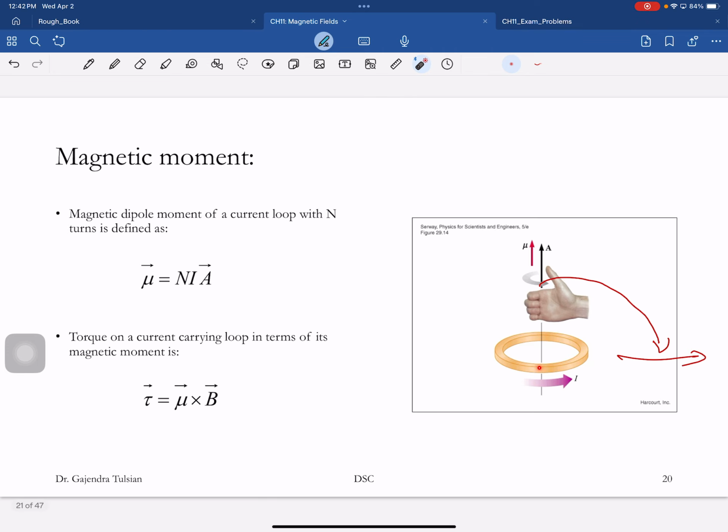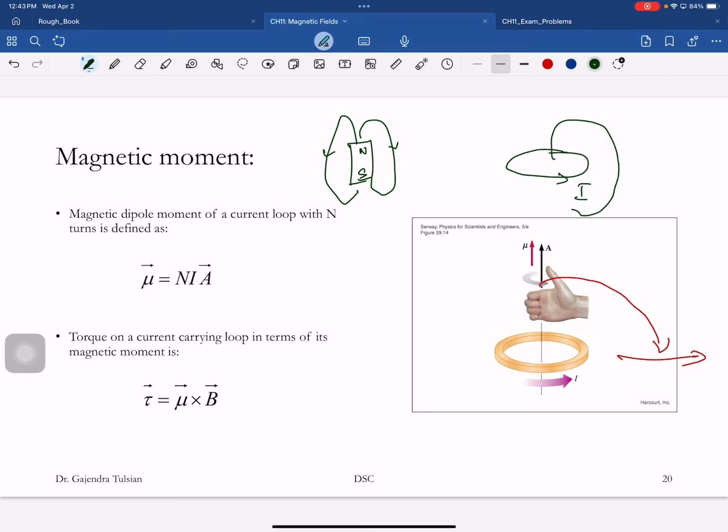So a current carrying loop is like a magnet. So here is the magnetic field of a bar magnet. And the magnetic field of a current carrying loop is very similar. So this fellow is called an electromagnet.